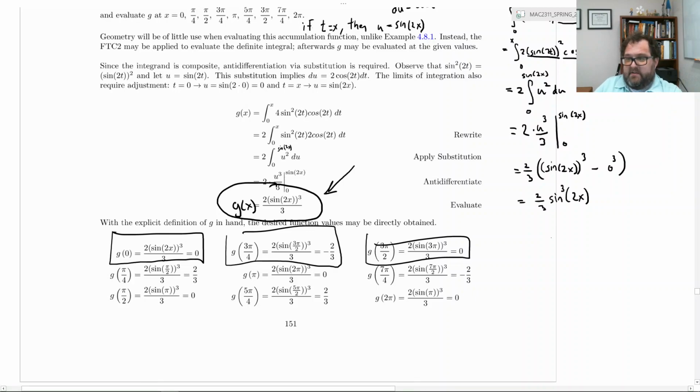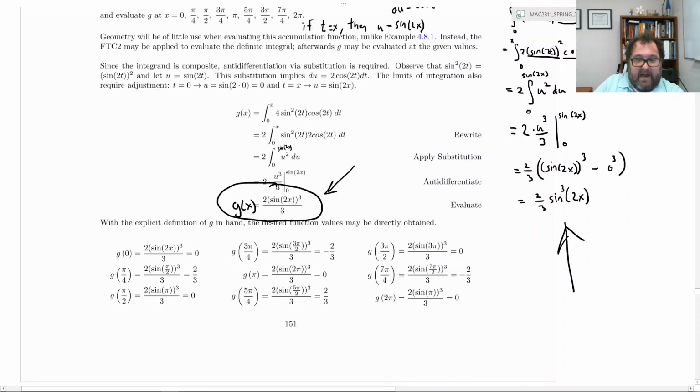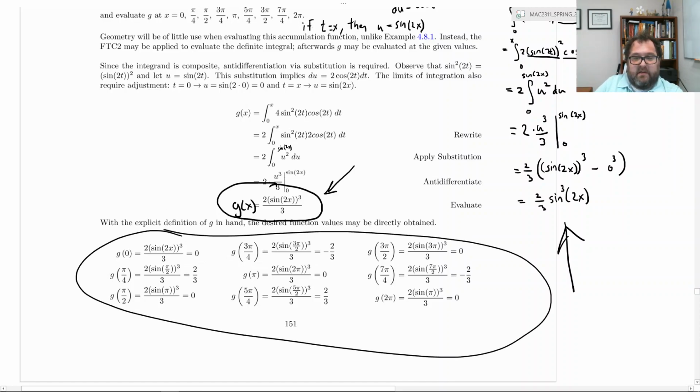When I did this work over here, practically speaking, I did only 1 definite integral. But now I can do all of these. These are 9 different definite integrals, and I can do them very quickly by just plugging in a 0, a pi over 4, a pi over 2, a 3 pi over 4, a pi, etc.